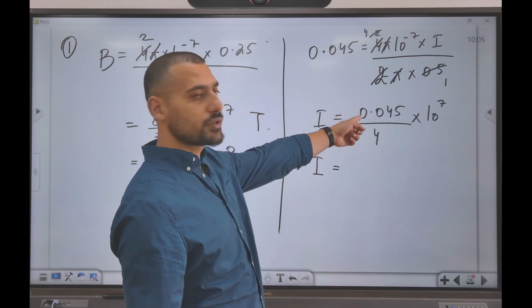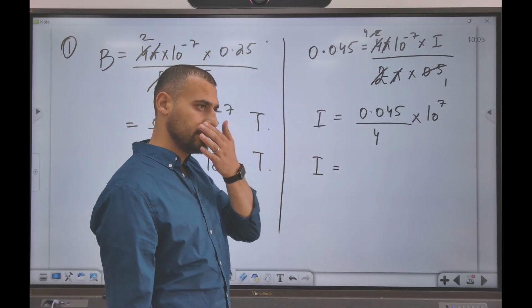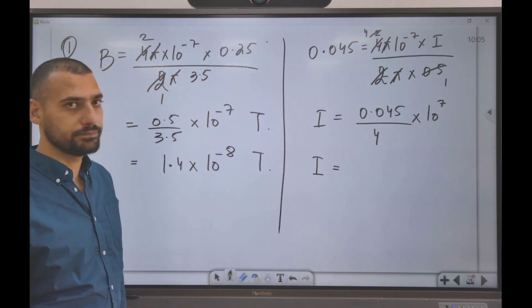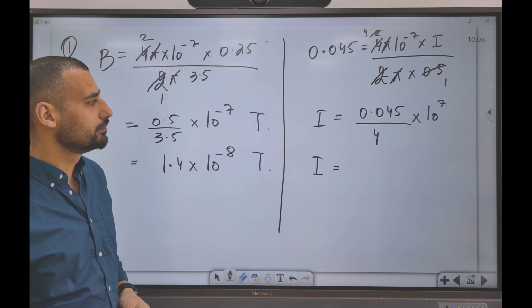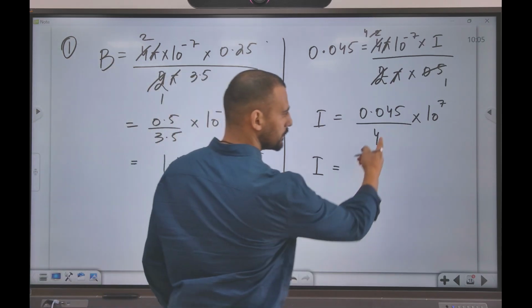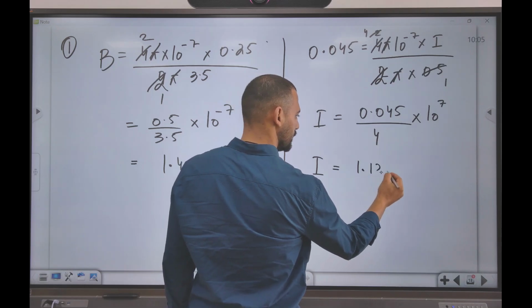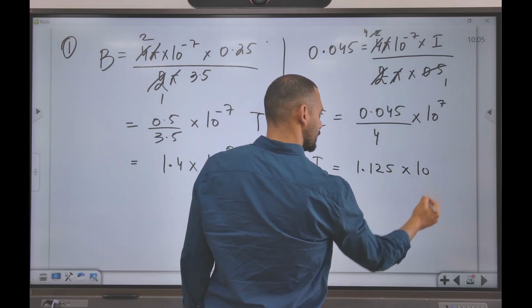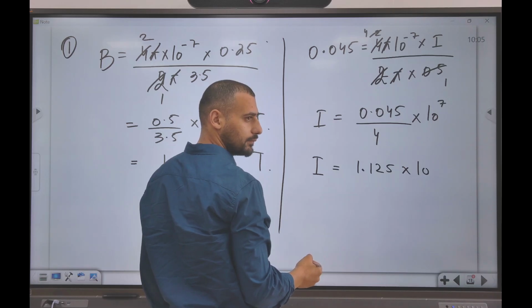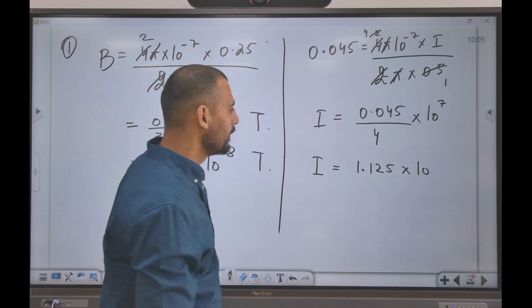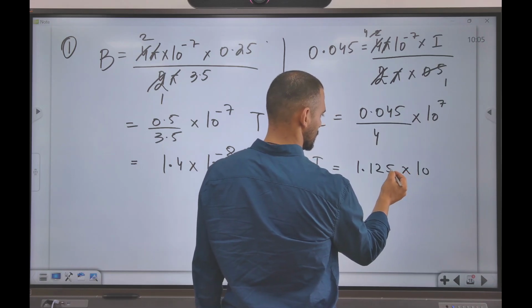Just divide 0.045 by 4. 0.0125 multiplied by 10 to the power 7 gives 112,500.